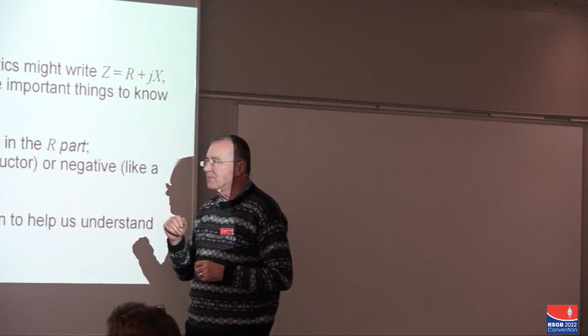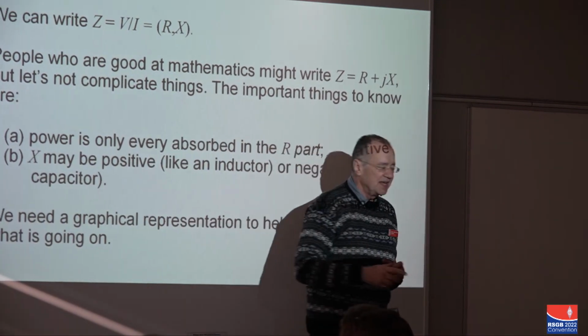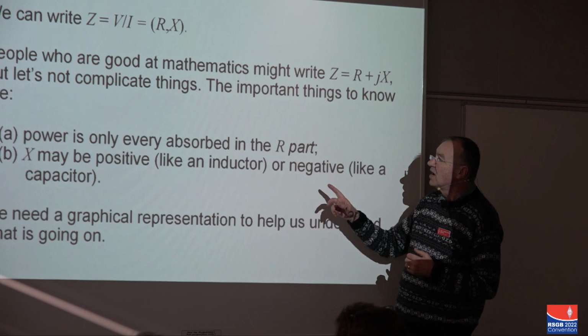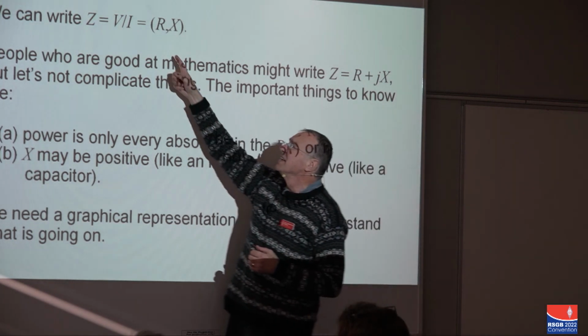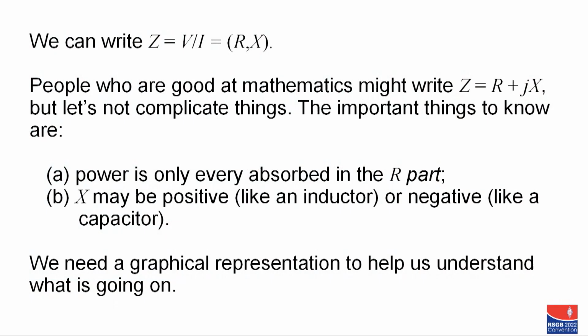And that is that the power is only ever absorbed in the R part. This resistive part, wherever it is, is the only bit which absorbs power on average. The reactive part, which may be like a capacitor or like an inductor, does not absorb power. And if you remember that, it unlocks a whole lot of understanding about what's happening.